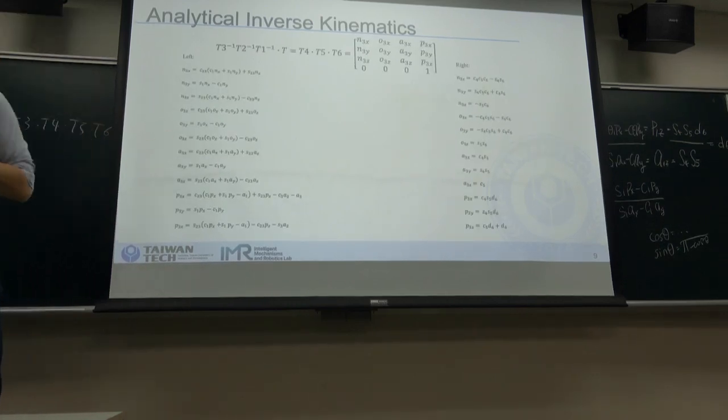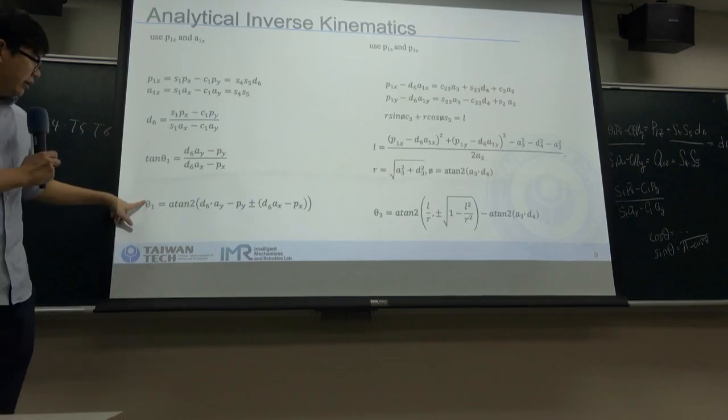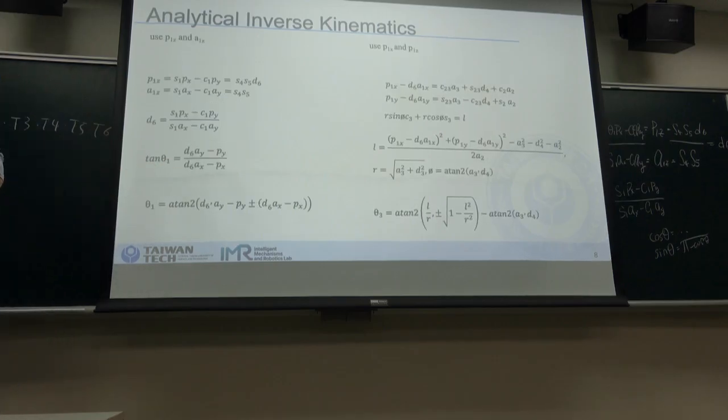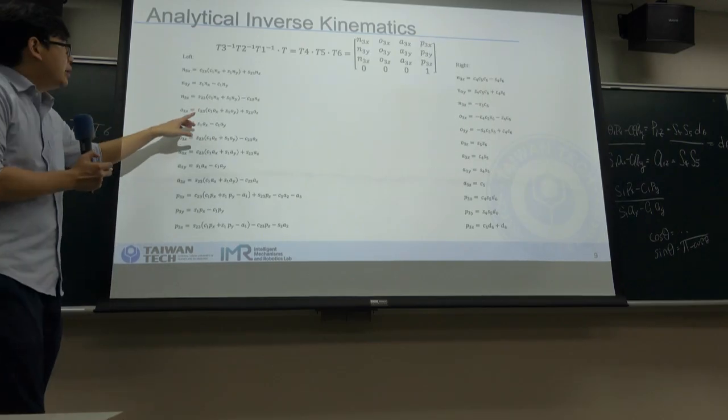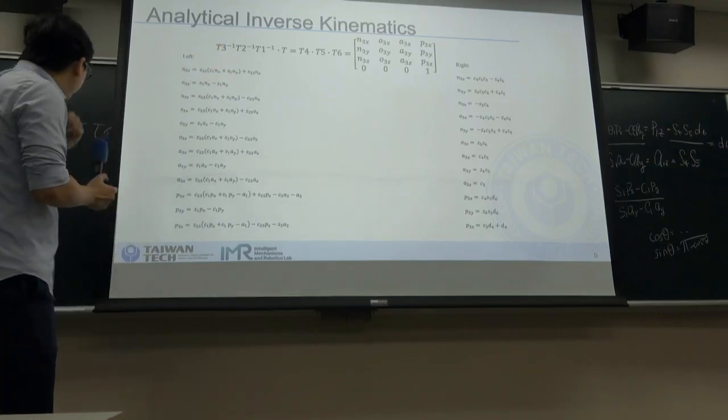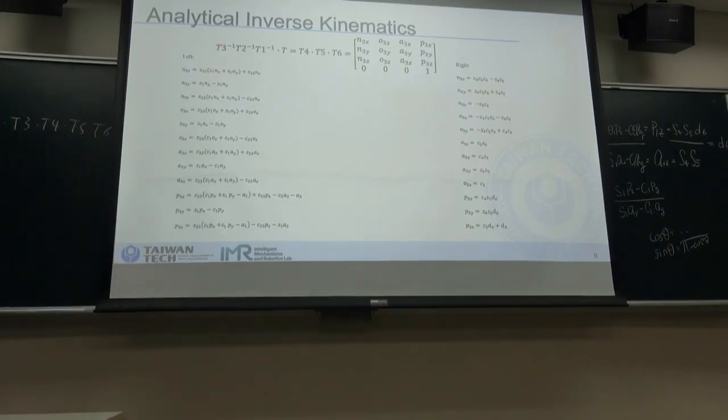So we already get the theta 1 and theta 3. Now we can see in this form. We continue to multiply by another T2 inverse and T3 inverse, also T2,3 inverse and T2 inverse. So it cancels out, and the product is equal to the identity matrix.